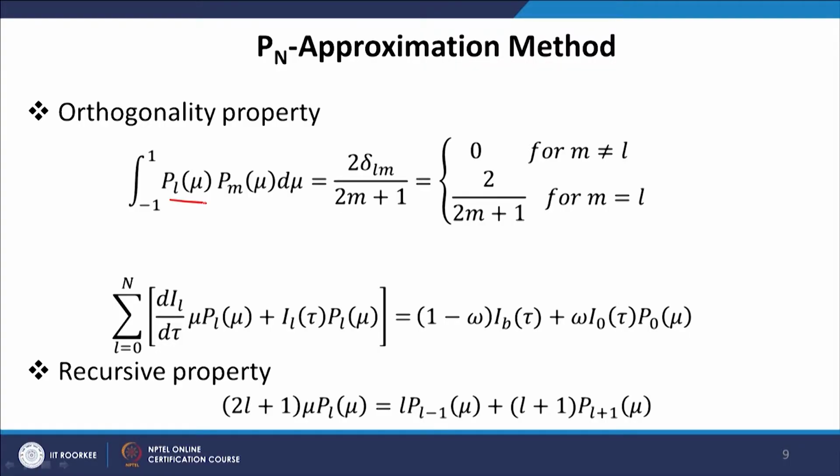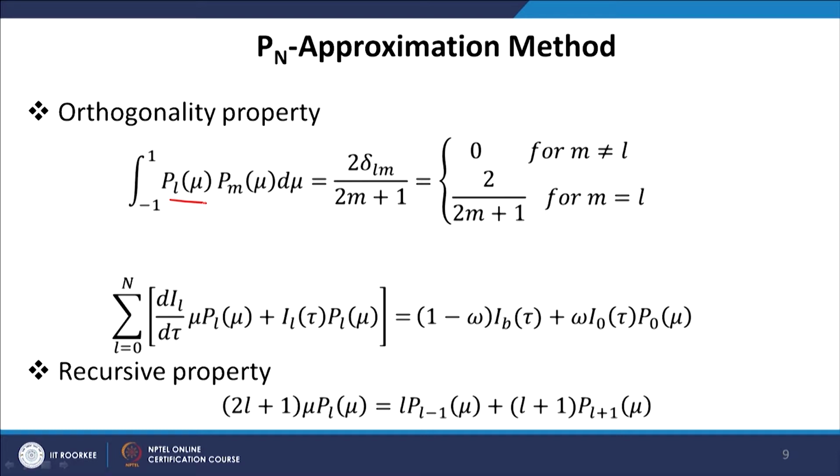Now, these Legendre polynomials have a special property: orthogonality. That means, for different values of L, if we take one polynomial P_L(mu) and another P_M(mu), with L and M not the same, then the integral of P_L times P_M over the argument d mu will simply be equal to 0.